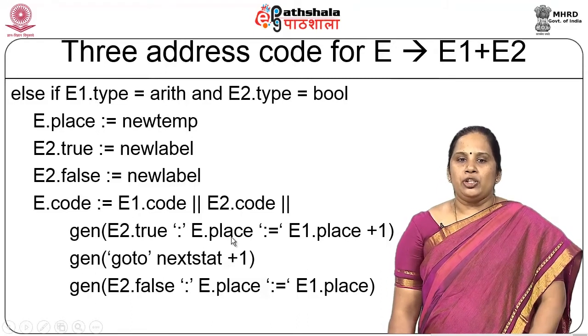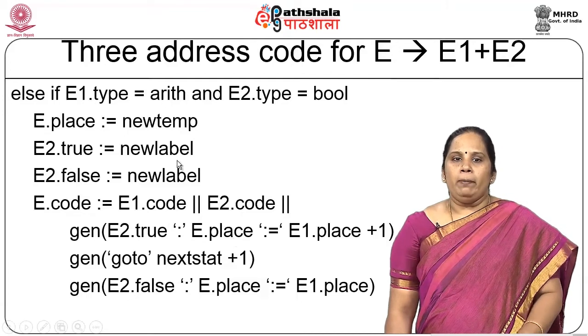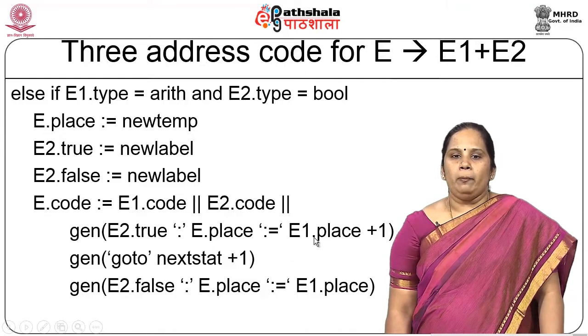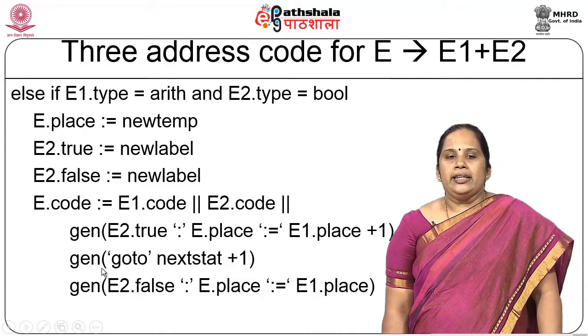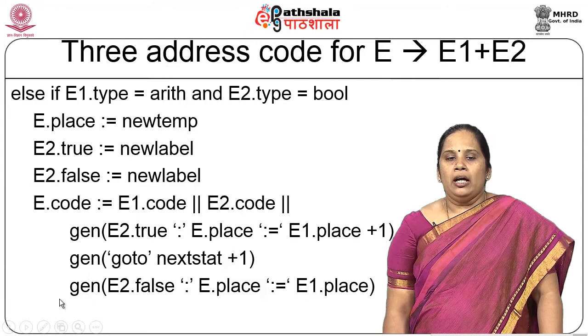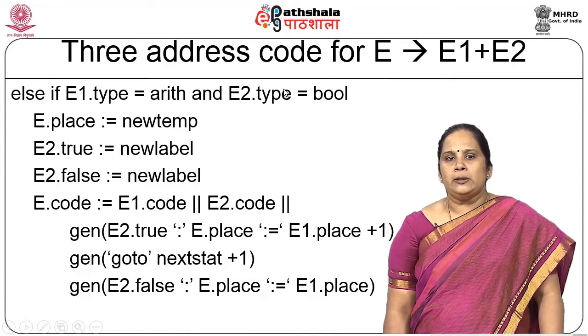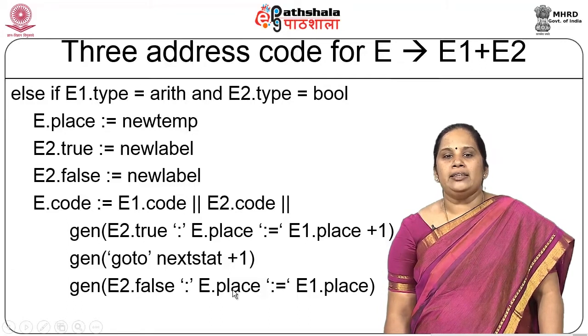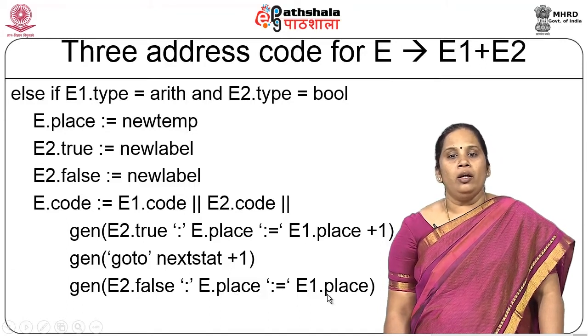And under that I have to generate 3 address code as E dot place is equal to, that is LHS non-terminal's place, that is a new temporary variable, right? So that is equal to E1 dot place plus 1, and I will say go to next state plus 1, meaning that I have to jump this statement in that particular case, and then go to the statement following this particular arithmetic. And on the other hand, if it is false, I simply say E dot place is equal to E1 dot place.